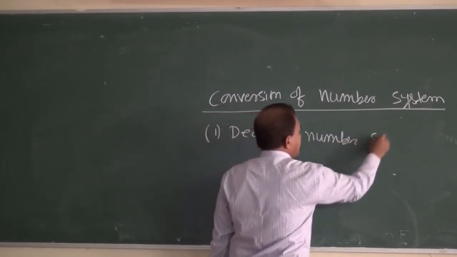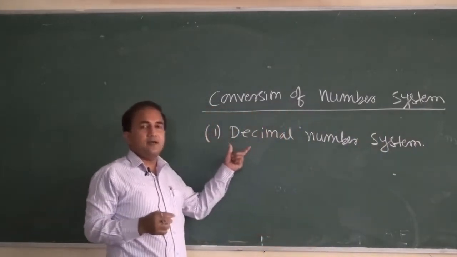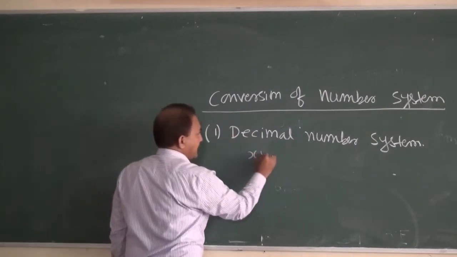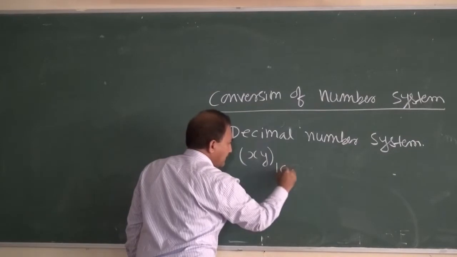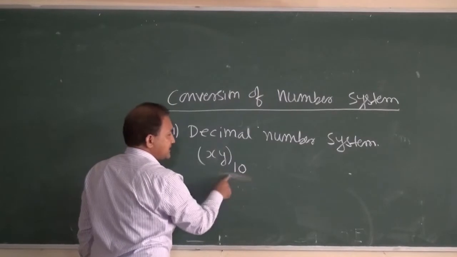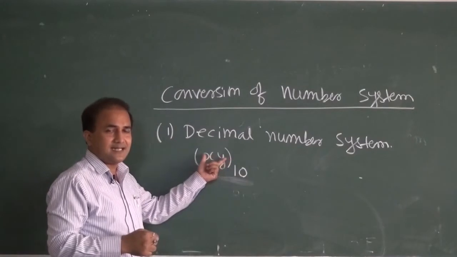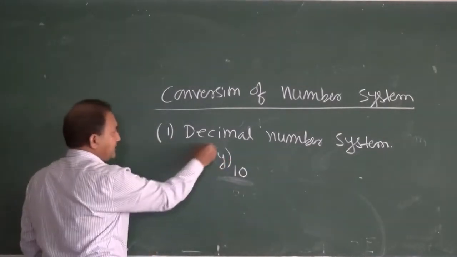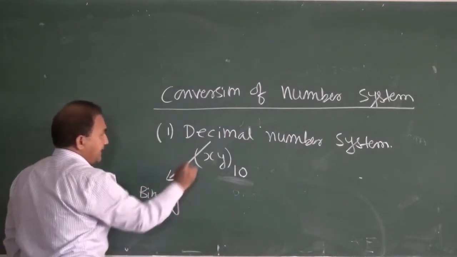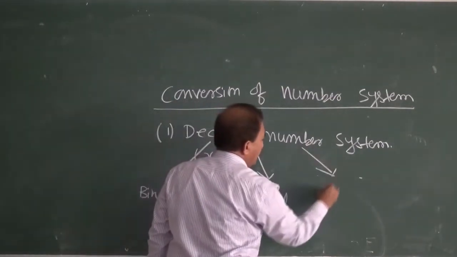Any number which is given in decimal, how can you convert this? Suppose xy, which is in decimal number system. This 10 stands for base, so in decimal number the base is 10. The numbers x, y are the digits. So how can you convert decimal number to binary, to octal and to hexadecimal?